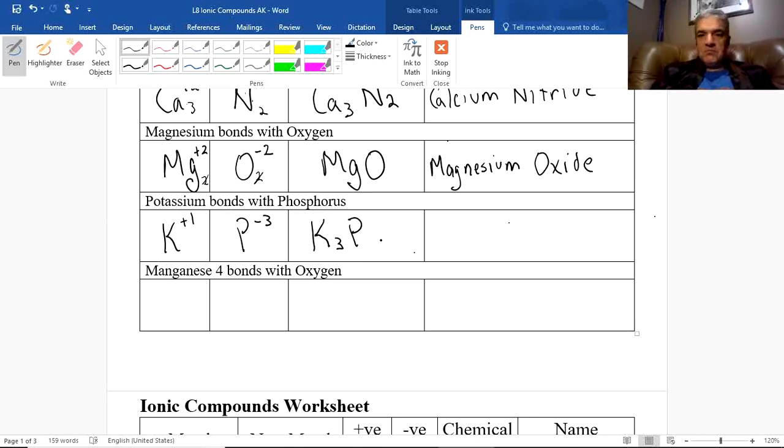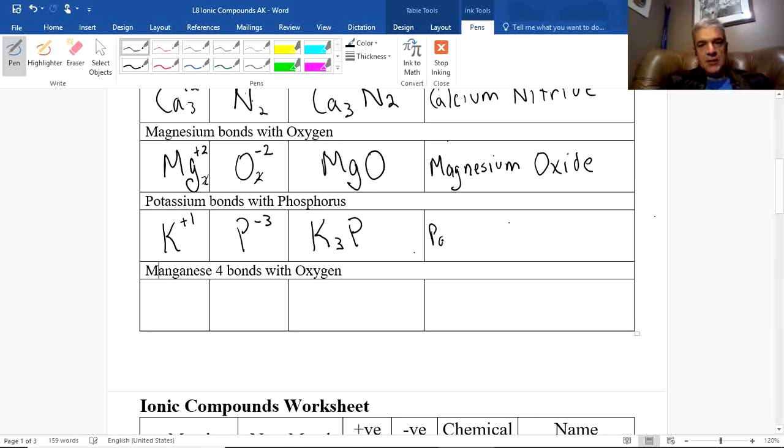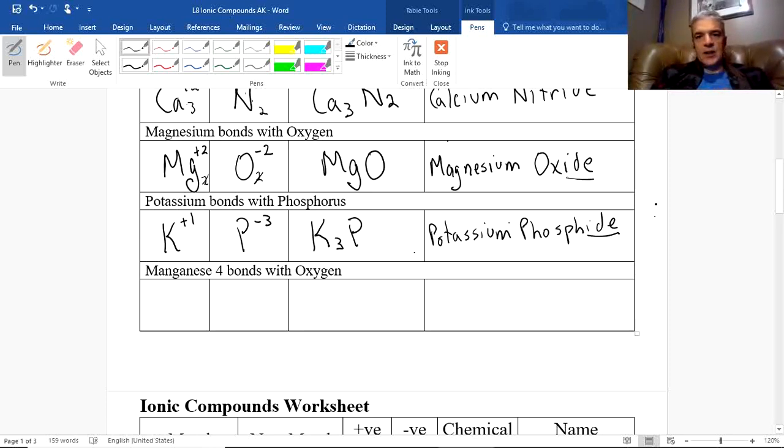Okay, so we're going to write that out. Potassium, the metal, doesn't change its name, just exactly the same, right? No change ever in these. And then phosphide. So again, we're ending with this suffix, ide. You start to see this consistency all the time.